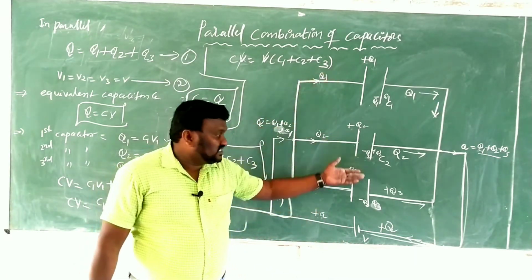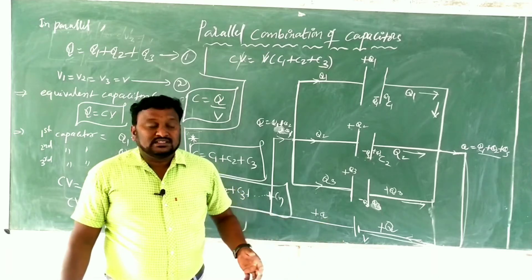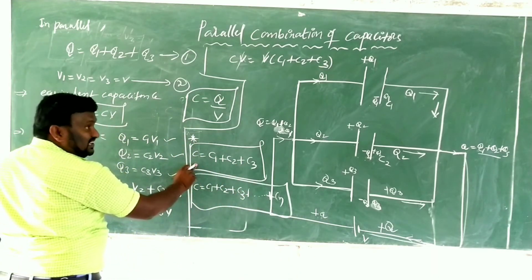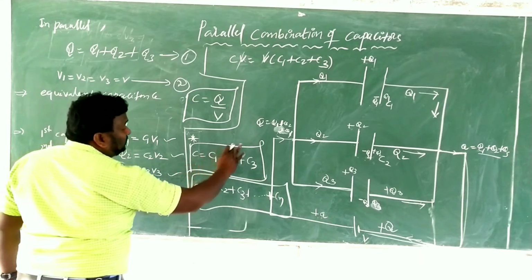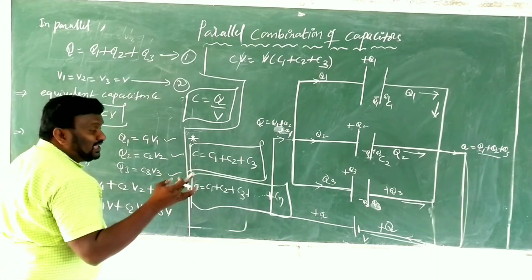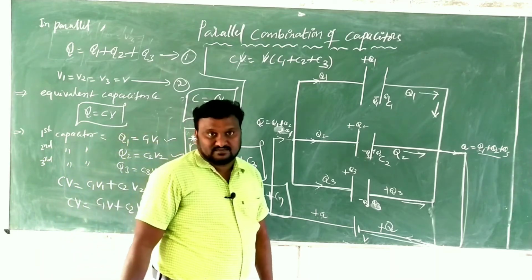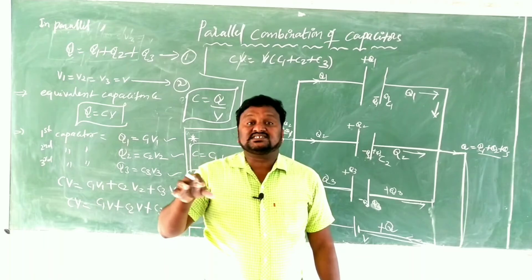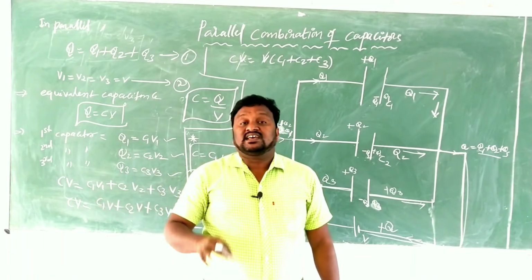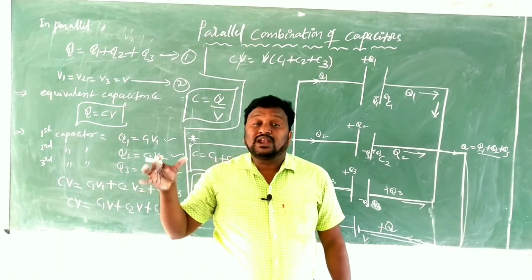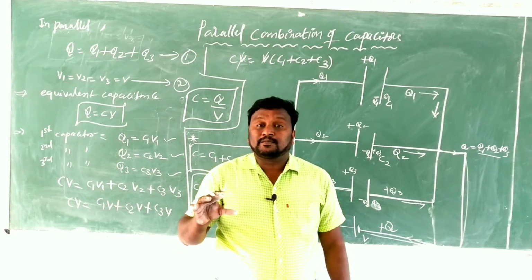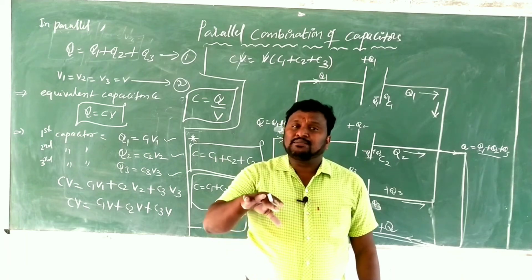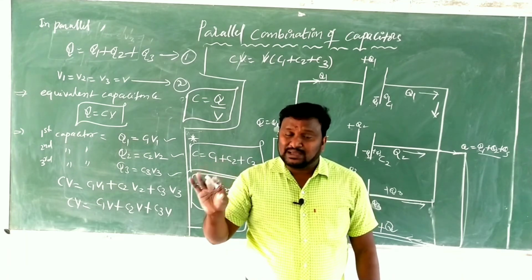In parallel combination, the equivalent capacitance is nothing but the sum of all the individual capacitances of the capacitors. The algebraic sum of capacitances of capacitors is equal to the equivalent or resultant capacitance. So children, this is simply about the parallel combination of capacitors.